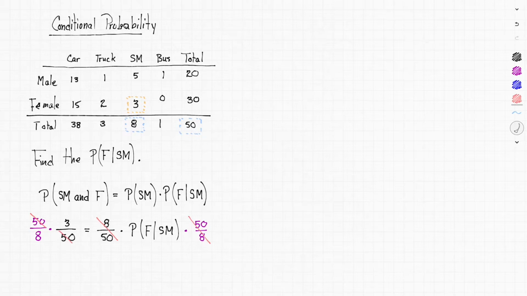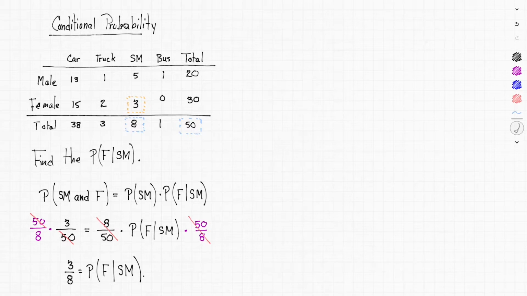But watch what happens on the left-hand side. The 50s cancel. And now I can write my answer. I can say that 3 out of 8 is the probability of selecting a female given that an SUV or minivan driver has been selected.